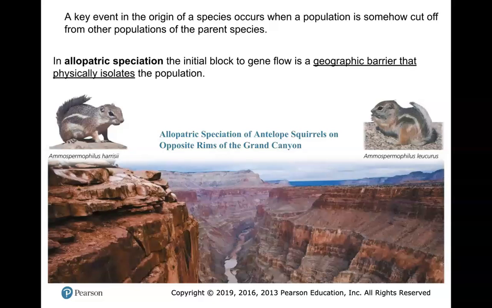Over time, here I can see rims of the Grand Canyon separating the two. And over time, enough adaptations have allowed for these squirrels to now become different species. And so this is called allopatric speciation due to that geographic barrier that physically isolates the two.